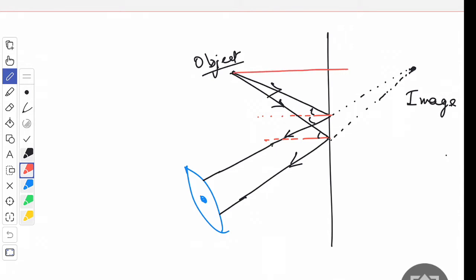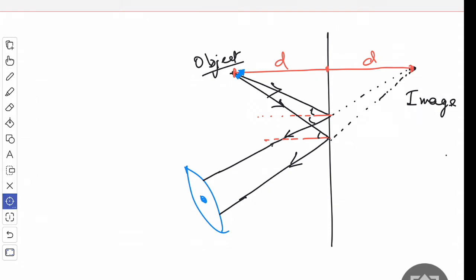I'm not going to do the full trigonometry, but if you look at this triangle and this triangle, they are congruent triangles, and this distance is D, and this distance is also D. So if this is where the object is, the image is going to be formed behind the mirror, and the distance is going to be exactly the same.